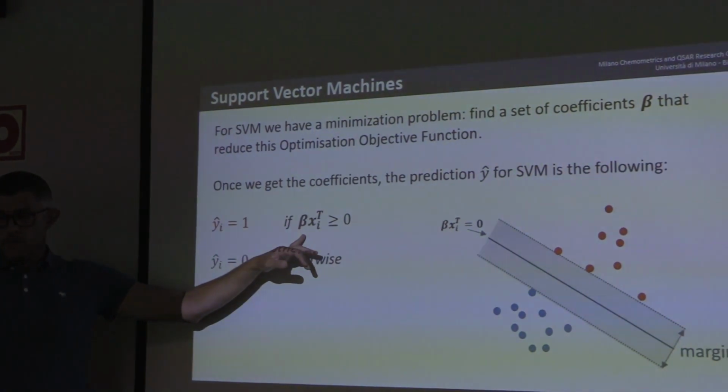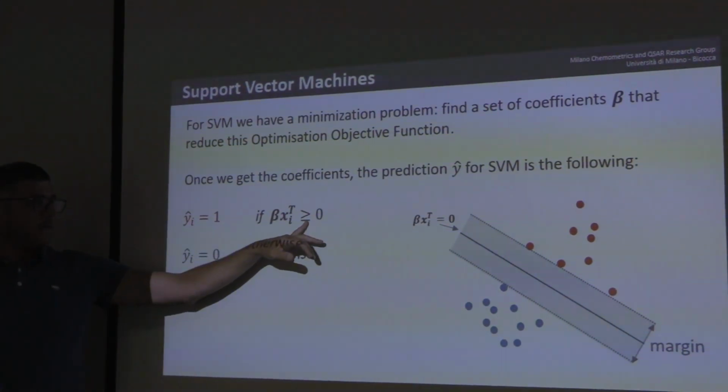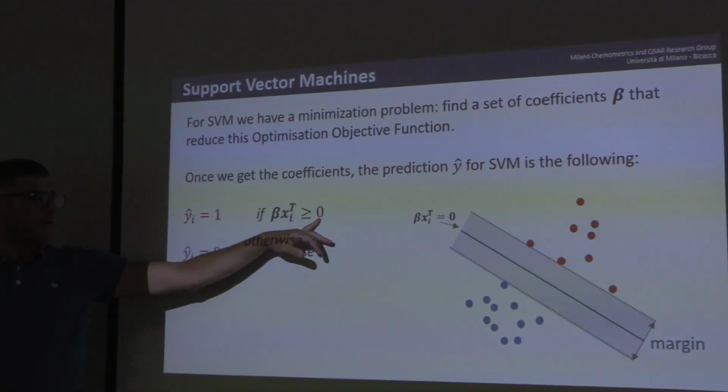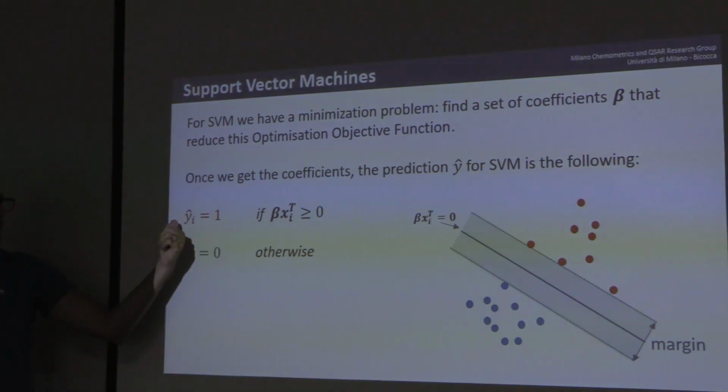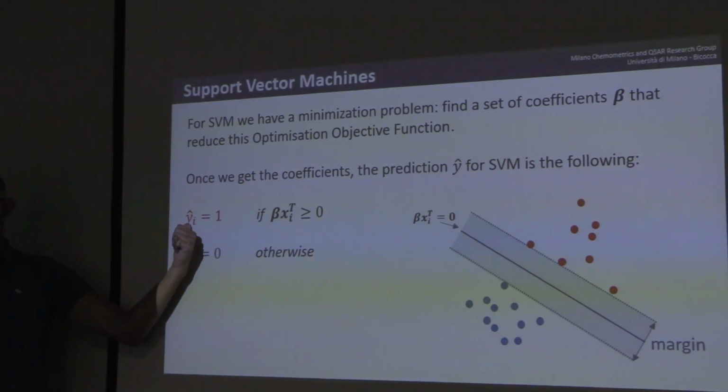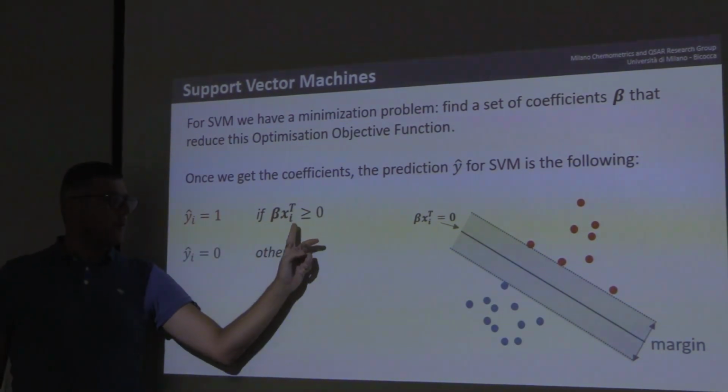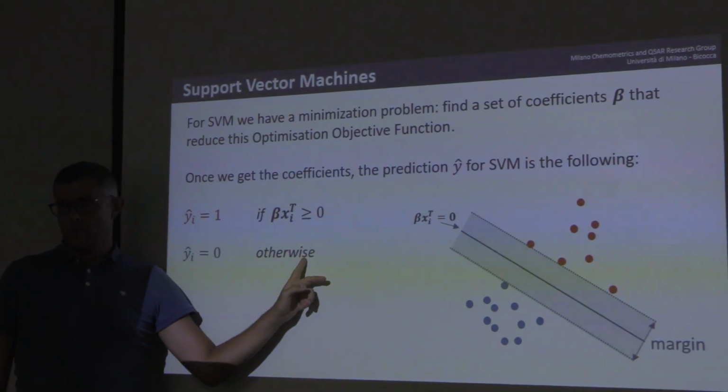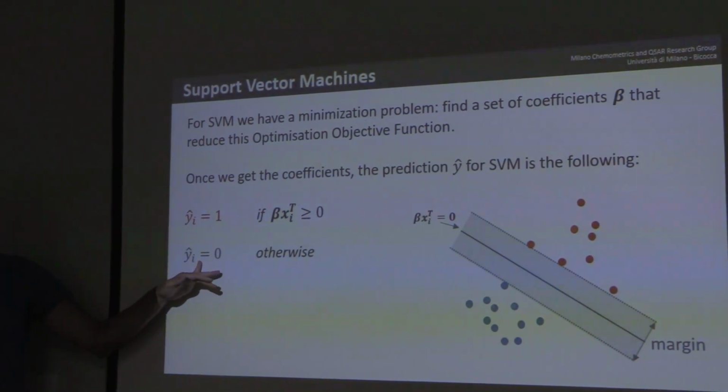If the linear combination is higher or equal to 0, then the sample is classified in the red class, the class labeled as 1. If the linear combination is lower than 0, then it's classified as blue, the class we label as 0.